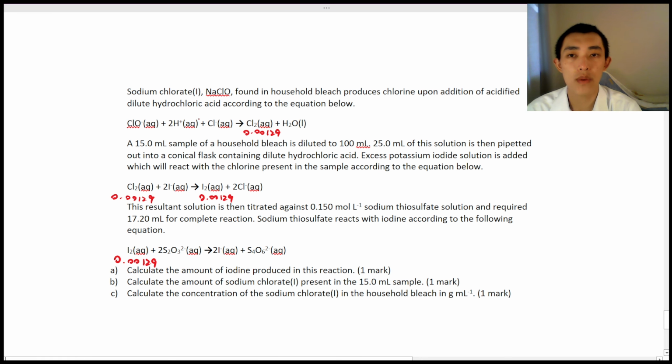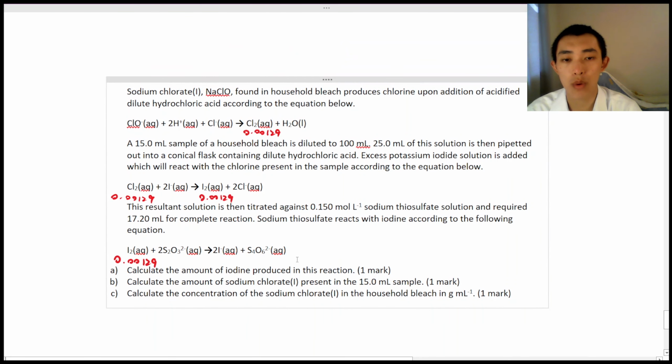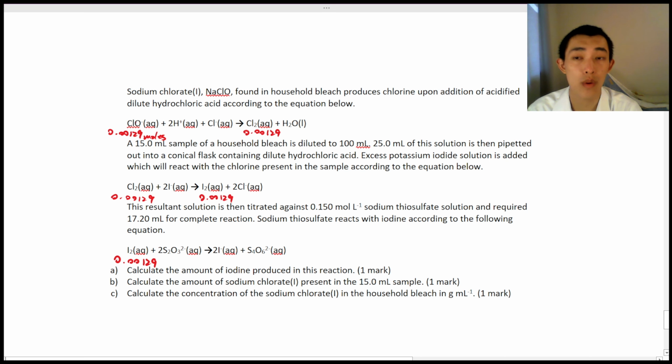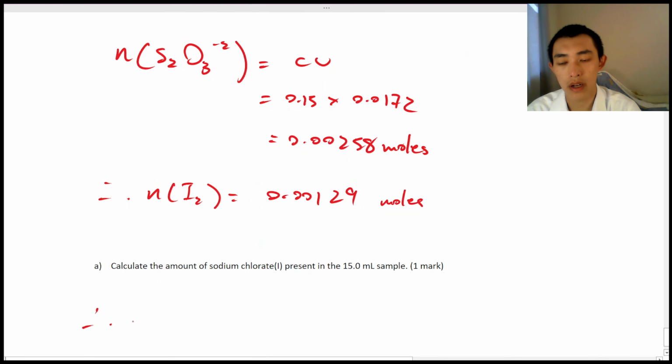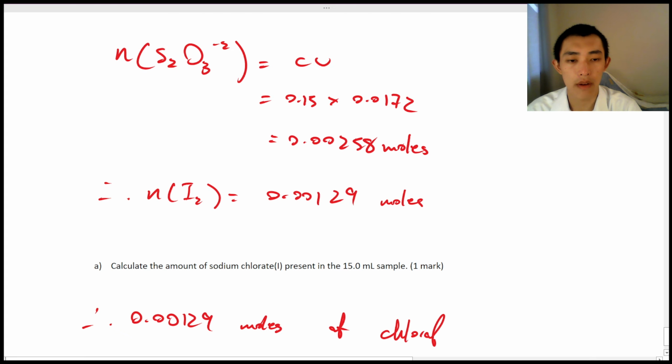And so that means if we want to figure out the amount of sodium chlorate in the 15 mils, then we can see here that if we had this number of moles of our chlorine, then by molar ratio, they must have all come from here. I have 0.00129 moles of my chlorate.